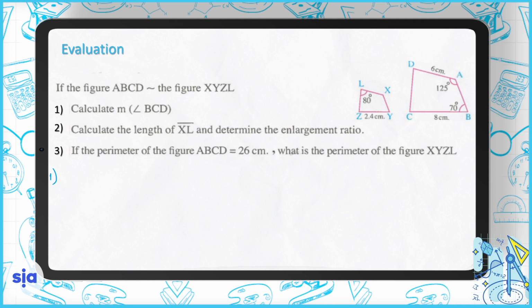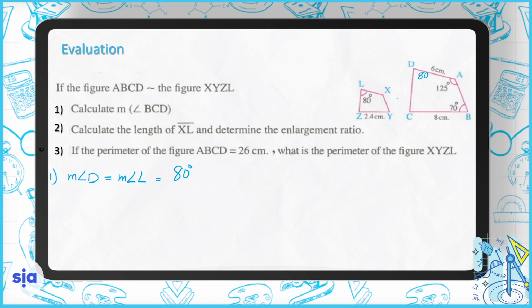Since the two polygons are similar, the measure of angle D is equal to the measure of angle L, which is 80 degrees. So this D is 80 degrees.